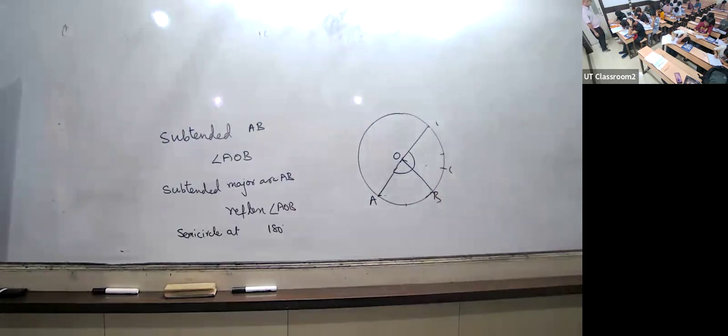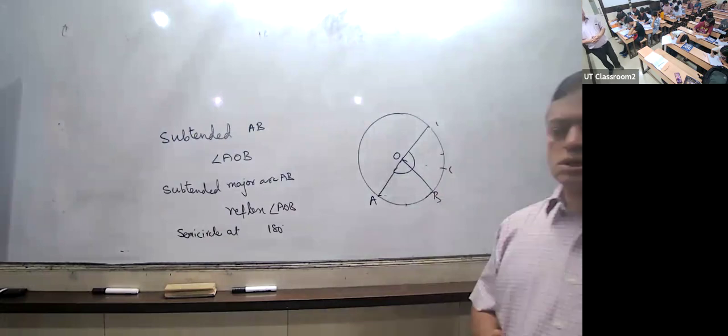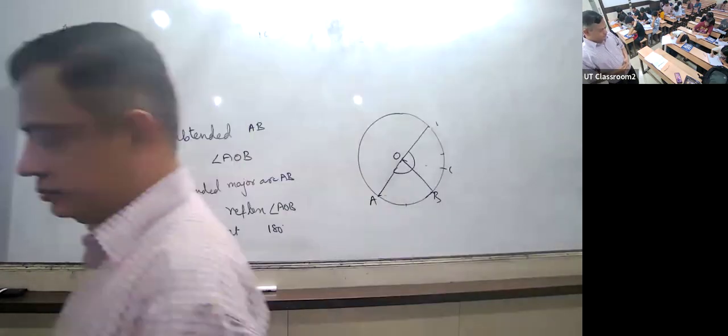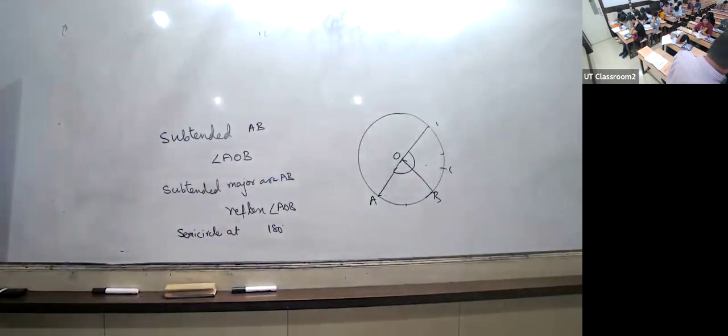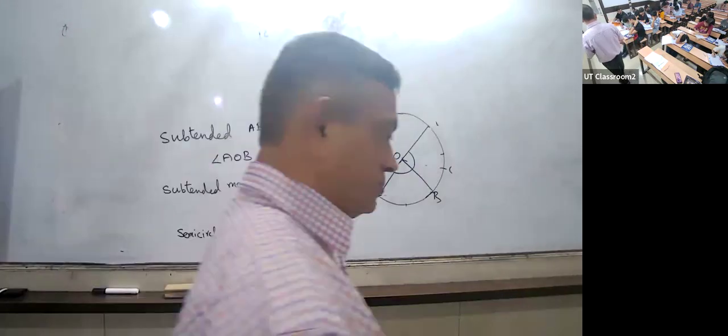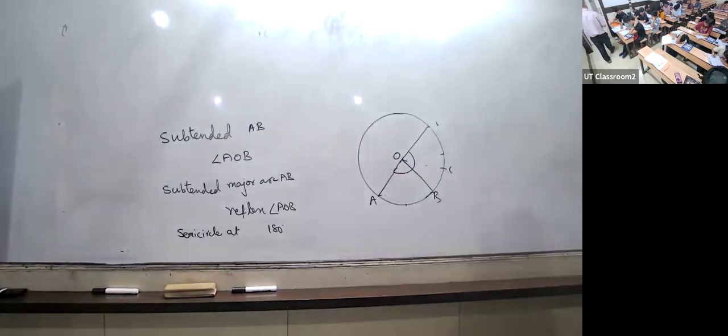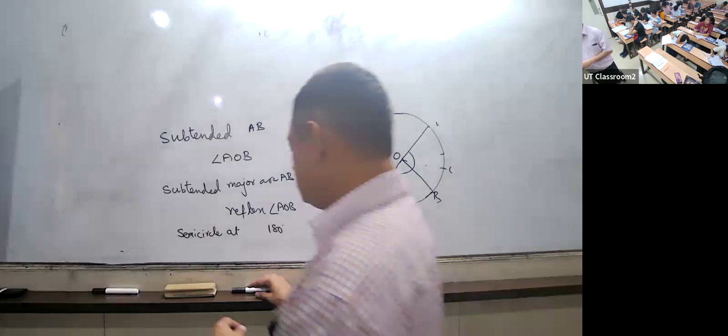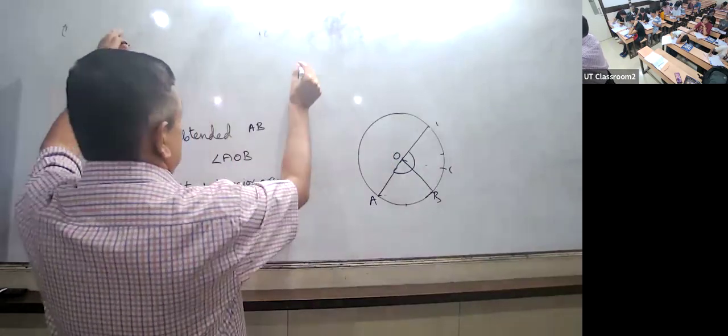Inscribed circle means a circle inside a polygon and touching all the sides. Did you write? Circle inside a polygon and touching all the sides. Followed? Like here.